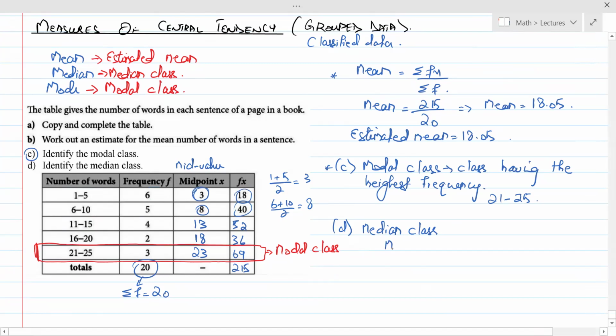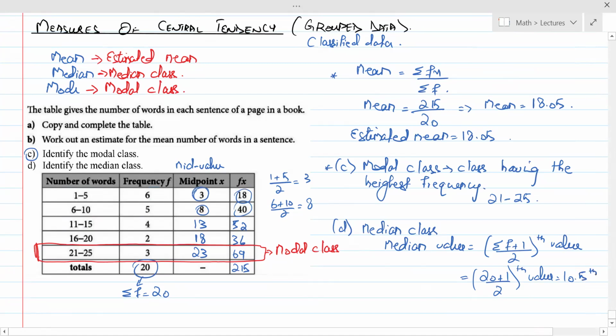The median position or the median value could be found by summation f plus 1 upon 2th value. So summation f, the total frequency here, is 20. 20 plus 1 upon 2th value, so that's 10.5.